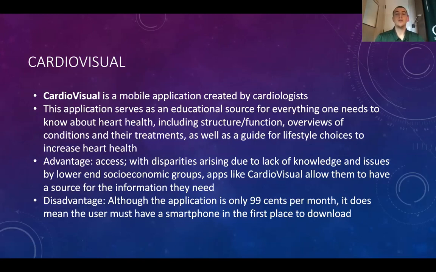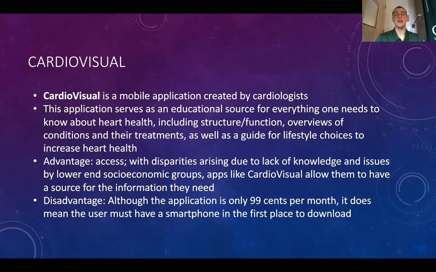It not only talks about lifestyle choices to increase heart health, but it gives people a full overview of the structure and function of the heart, and conditions and treatments that they may obtain throughout their life. It really brings a lot of knowledge about heart health. And, as I like to think, knowledge is the first key to prevention, because if you don't know what you may be at risk for, then why make a change for that risk?